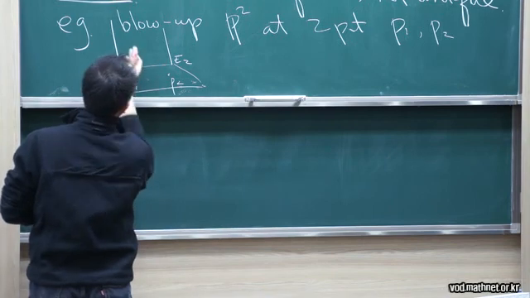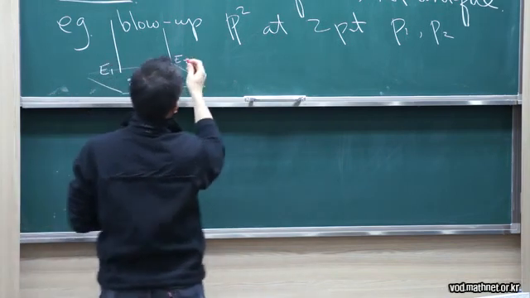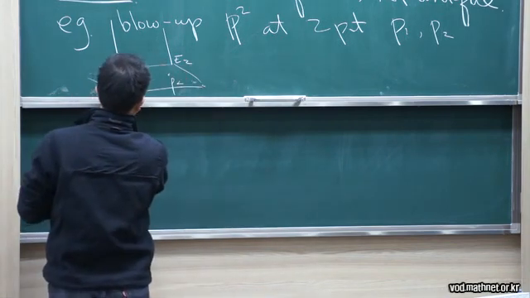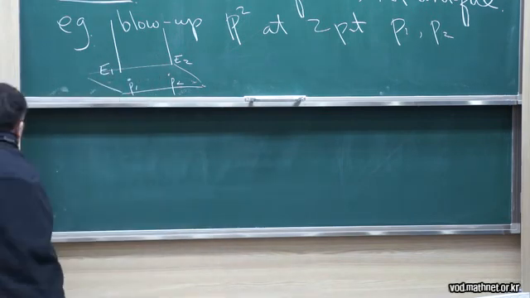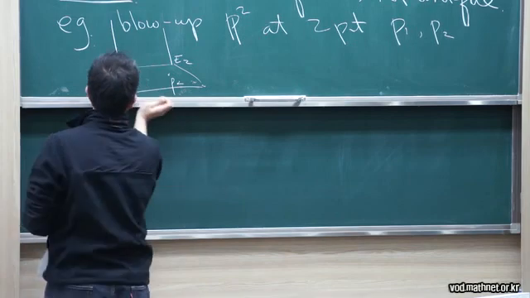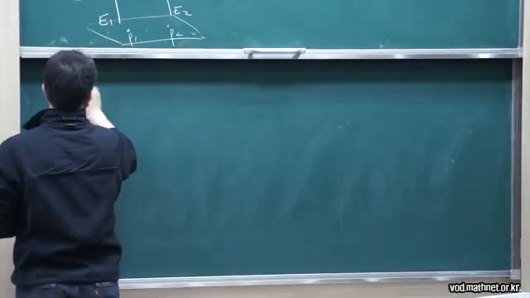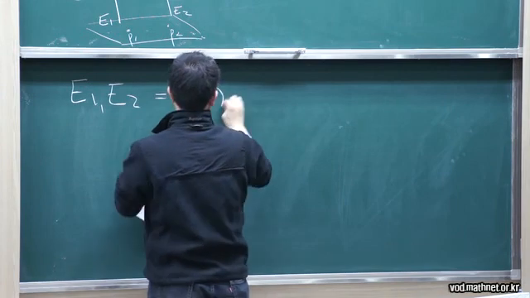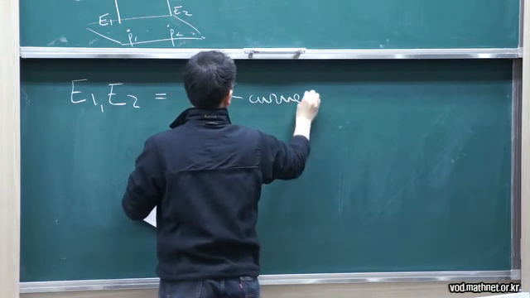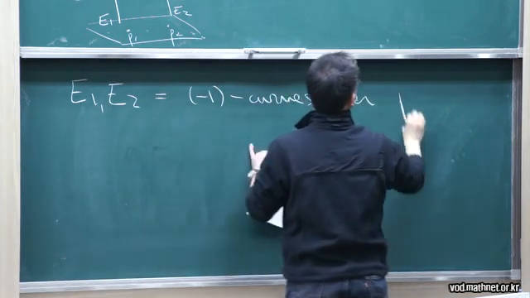And there is also one more minus 1 curve. So E1, E2 are minus 1 curves over P1 and P2.